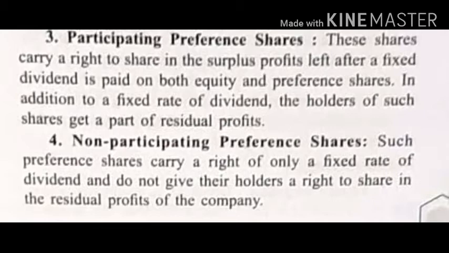So participating preference shareholders get the amount out of that surplus profit. In addition to a fixed rate of dividend, the holders of such shares get a part of residual profit.